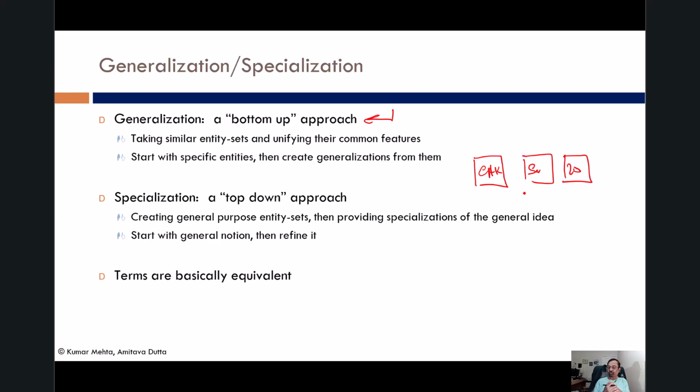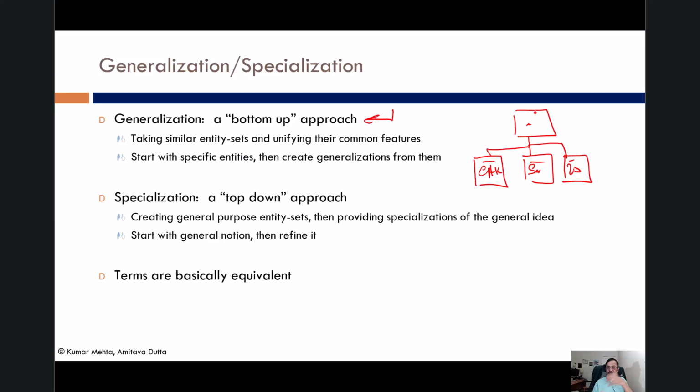But immediately I will notice that these three different types of accounts share certain things in common. So what I could do is take the attributes that are in common across these three groups and move them out from each of the subgroups to the one on top, and I end up with the same structure that we had when we looked at specialization.